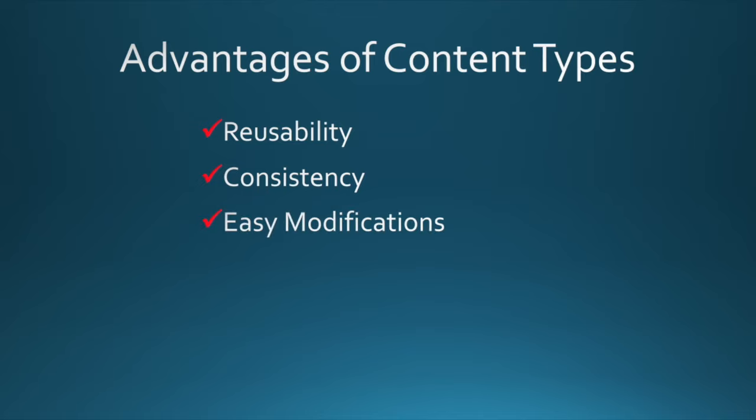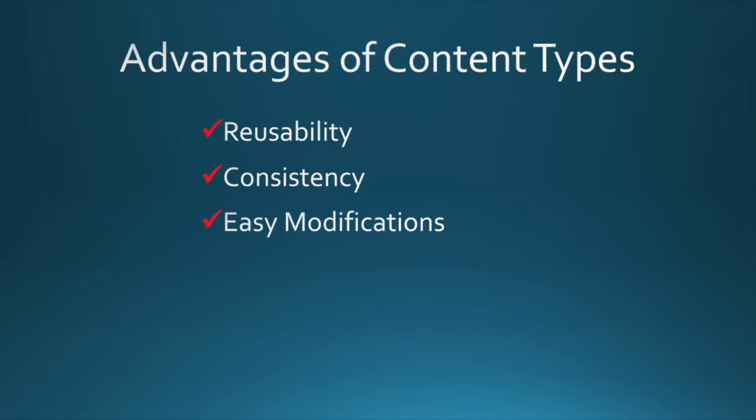A third advantage is the ease of modification. We've created a project issues content type and added a few custom fields to that for project number lookups and customer lookups. Suppose that was fine for now, and you've created hundreds of project sites using that content type, and now there's a requirement to have a new field of data recorded with your project issues. If you hadn't used content types, you'd have to go into each project site and manually modify each list to include the new data fields.